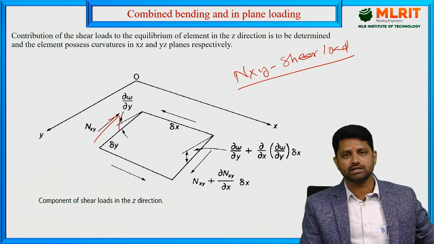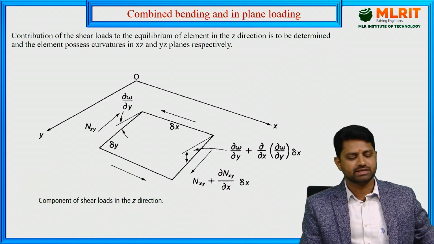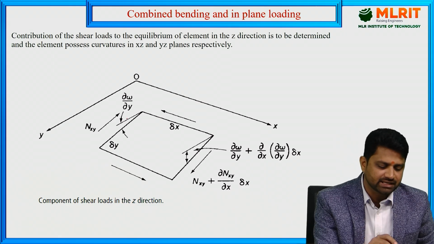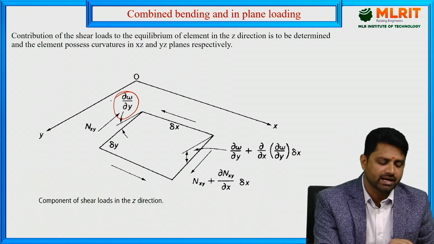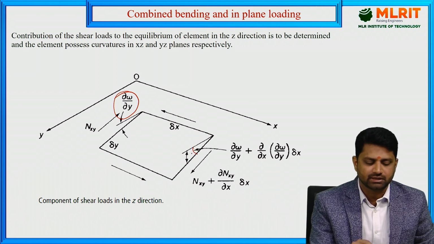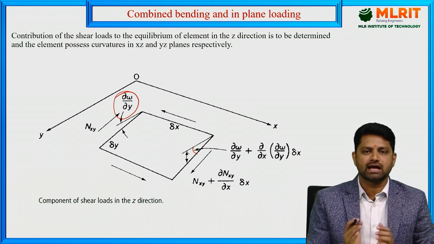Now let us try to understand this diagram first. This is the XOY plane that is taken, and let us assume that the plate is twisted or deflected by an amount dou w by dou y, and on the other edge, with that increment, we are taking the angle with some increment.